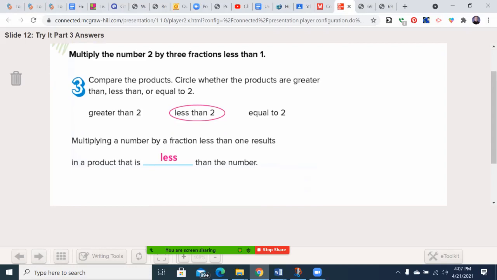So multiplying by a fraction less than 1 results in a product that is less than the number. Fraction less than 1, product less than the whole number. You must remember that to be successful on today's lesson. All right, let's go ahead. Make sure you circled that and written in the word less, and we'll move to talk about it.